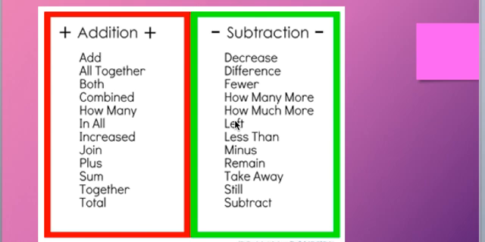For subtraction, you'll see decrease, difference, fewer, how many more, how much more, left, less than, minus, remain, take away, still, subtract. Now, mind you, these are just some of the keywords that you'll see, but being mindful of these keywords will help us to solve the word problems. So we're going to just dive right in right now.